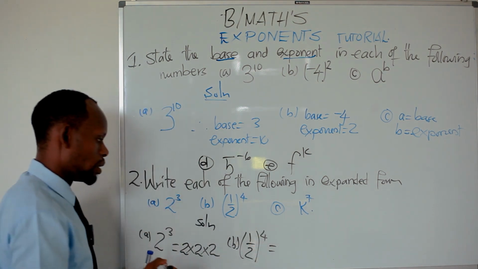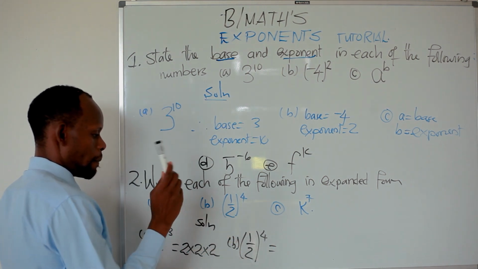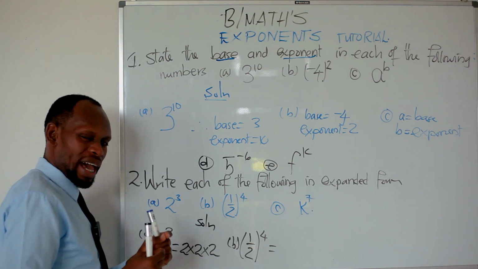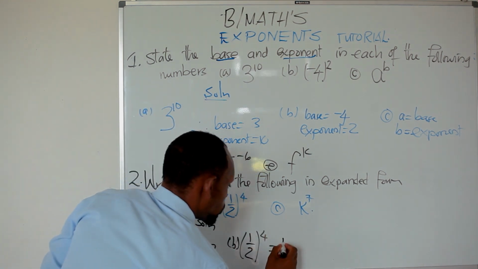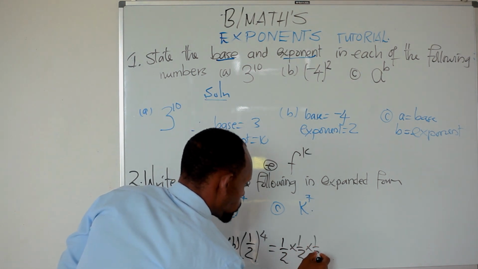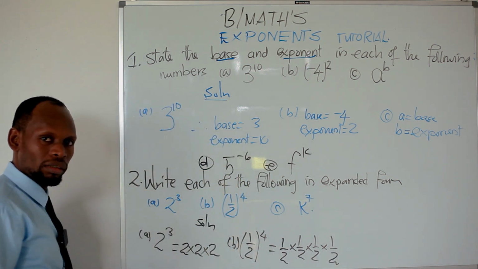If the exponent is 4, this half will be multiplied by itself 4 times. So this is a half times a half times a half times a half. So that is the answer.